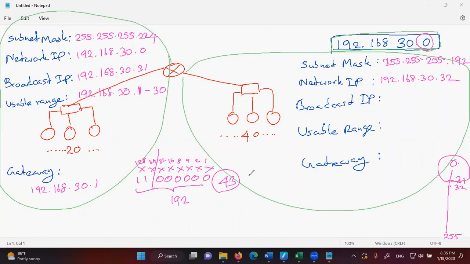Here we use 64 addresses. So going 64 from 32, we reach 95, right? Starting from 32, the last number is 95 when we count 64 numbers. So what should the broadcast IP be? The broadcast IP is 95.